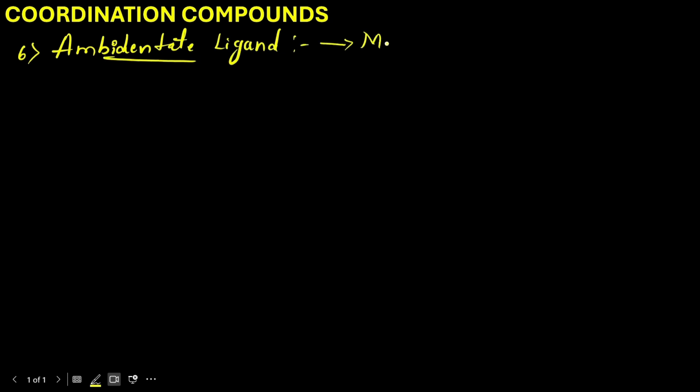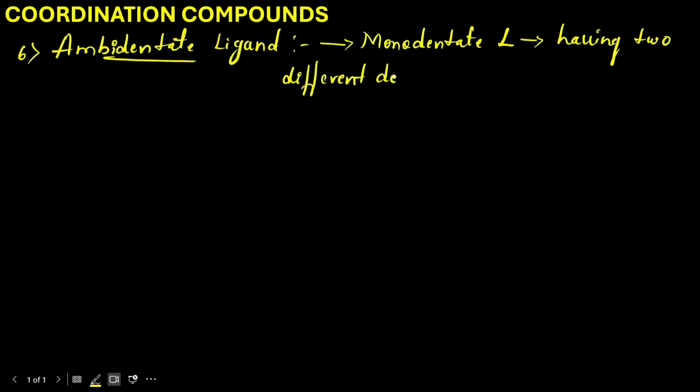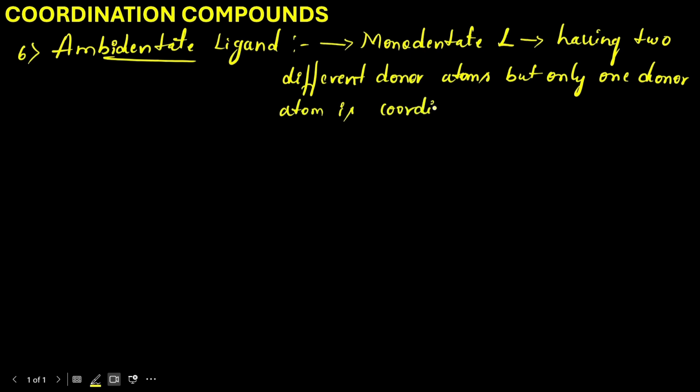These are monodentate ligands which are having two different donor atoms, but only one donor atom is coordinated to the central metal atom.